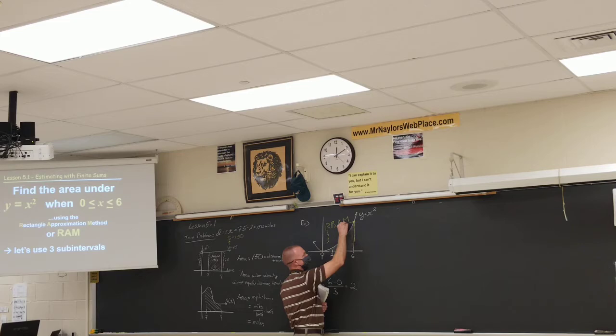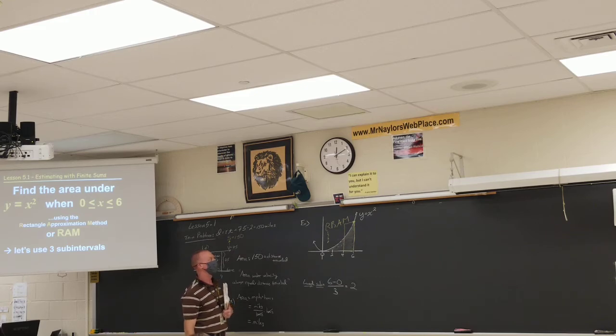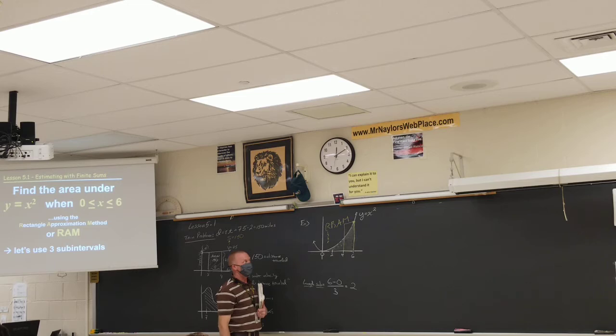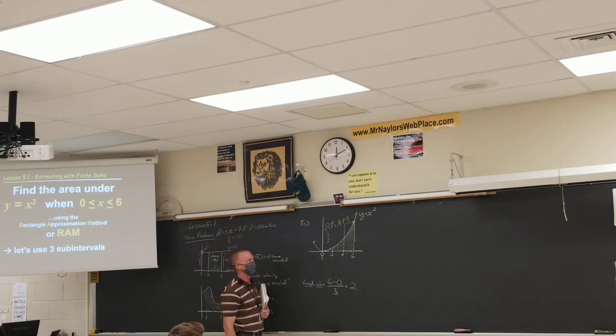And I'm going to go ahead now and draw the rest of the rectangle so that you can see that our first rectangle would be that one. And you should be looking at it and saying, it seems like it's outside of the curve. Well, yeah, it is. But it's all right. It's part of the process.